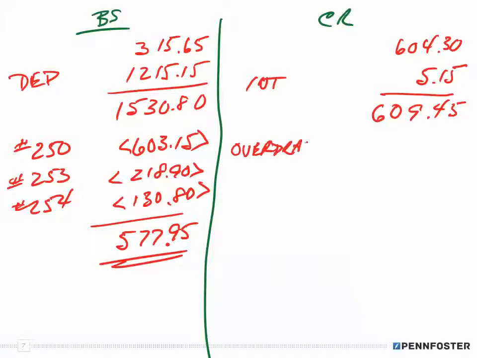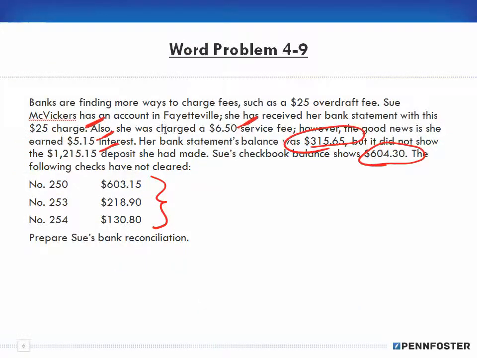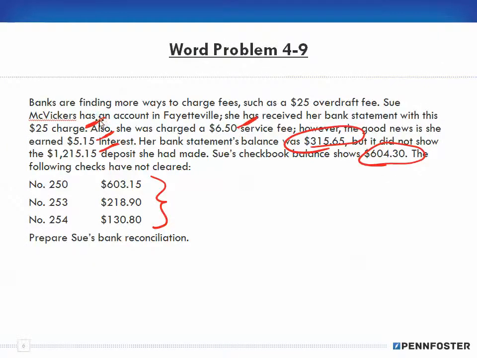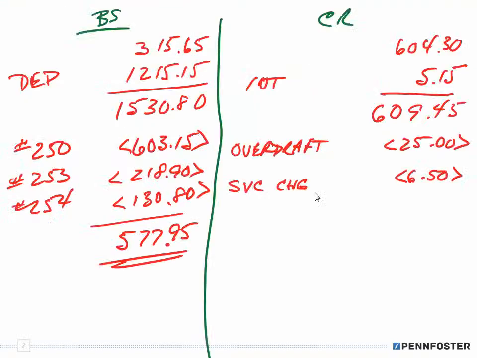Overdraft of $25, money coming out of the checking account because of being overdrawn. A $6.50 service fee. And that's it. So subtract the $25 and the $6.50 from the $609.45.